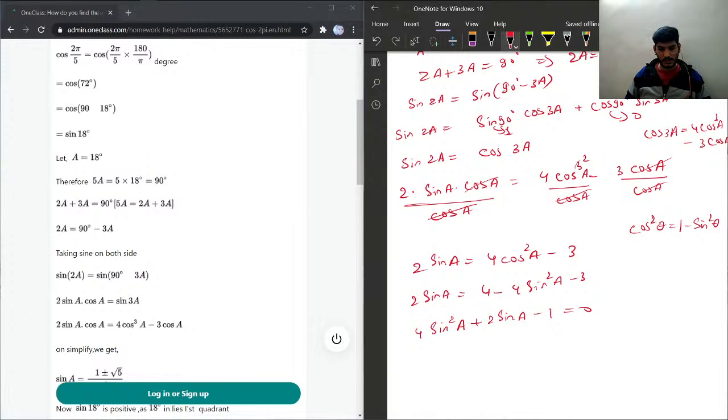Now I'll use the quadratic equation formula. Let's say this is x square, this term is x. So x is minus b plus or minus the root of b square minus 4ac over 2a.